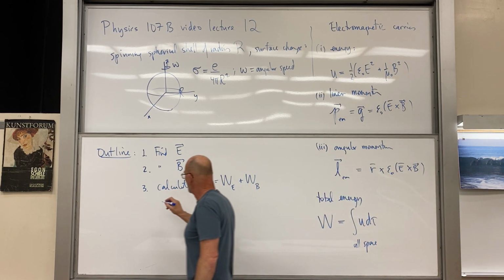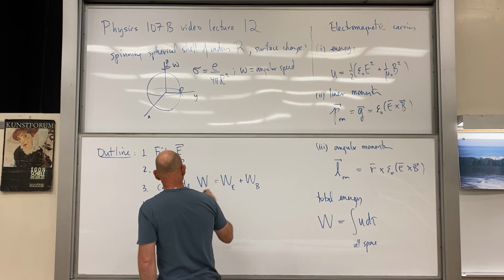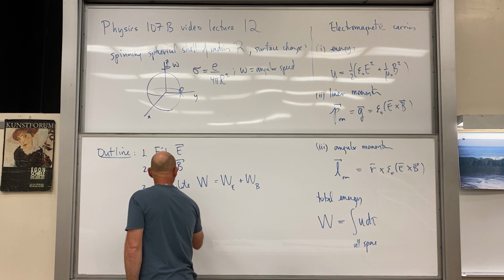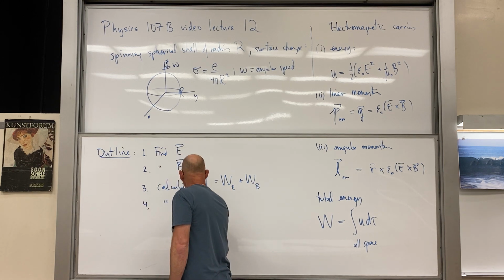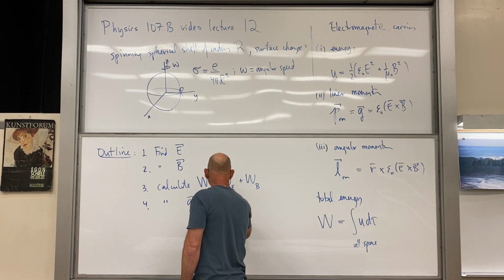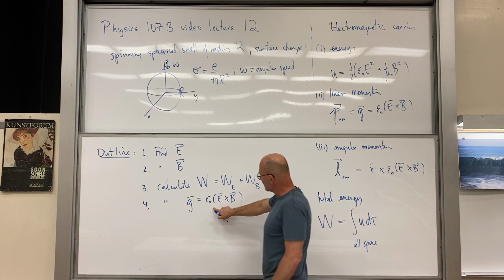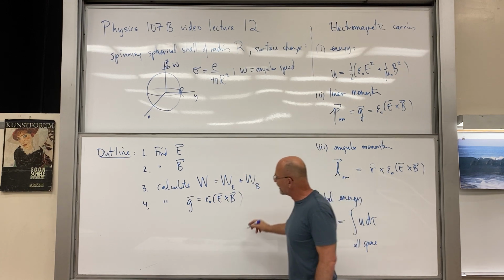And then, having these fields, we can calculate G equals epsilon naught E cross B. And we'll see at that point that the integral of this vanishes, that's fine.